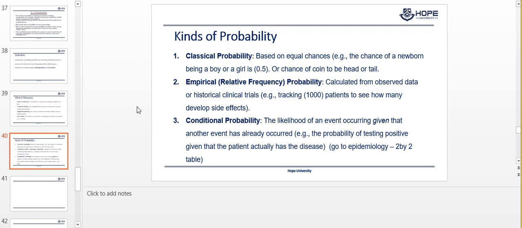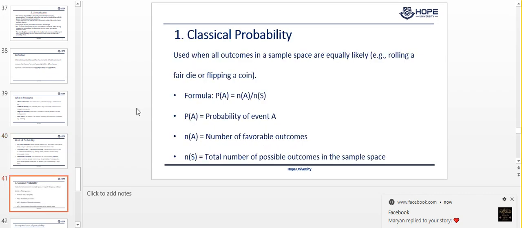Also, conditional probability is the likelihood of an event occurring given that another event has already occurred. As we explained in the epidemiology section in the last video, we explained the probability of a testing positive patient actually having the disease. Classical probability we use when all outcomes of the sample are equally likely.